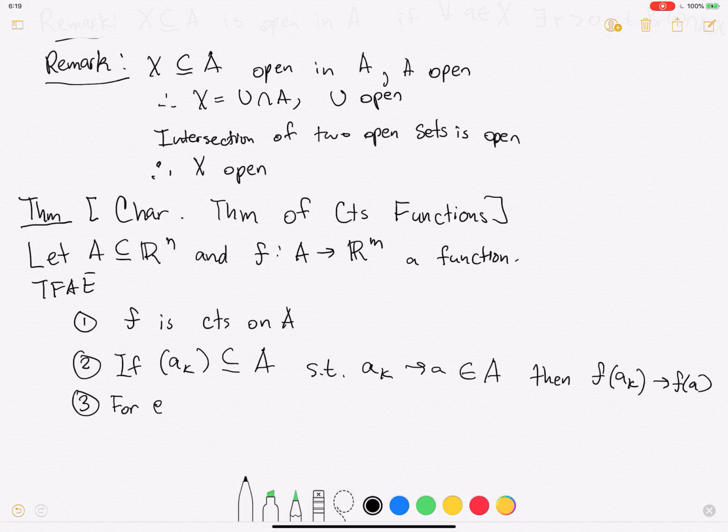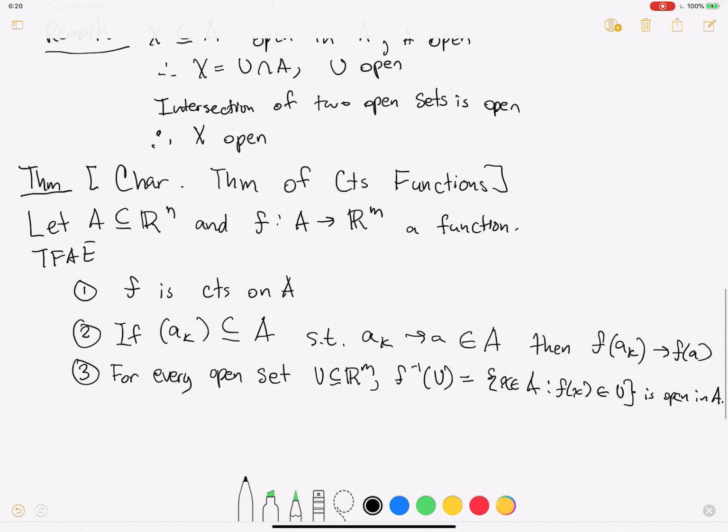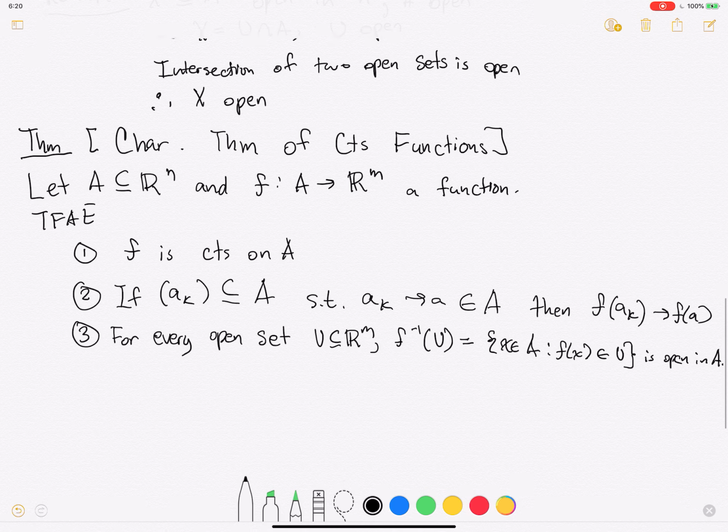For every open set U subset of R^m, the inverse image of U, defined as x in A such that f(x) is in U, is open in A. 2 just comes from the definition of continuity, and 3, it's not very clear, but we'll just take it for granted for now. We might prove it later.